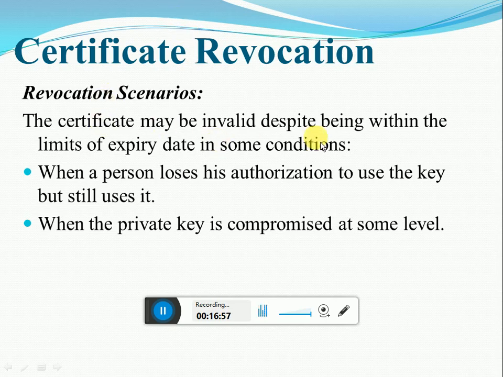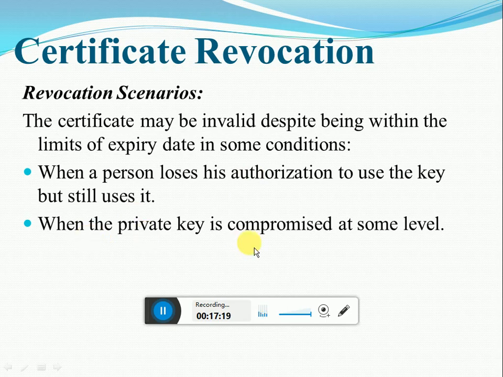The first is that the certificate may be invalid despite being within the limits of its expiry date, when a person loses his authorization to use the key but still uses it. He has left the job, but still he is using it.